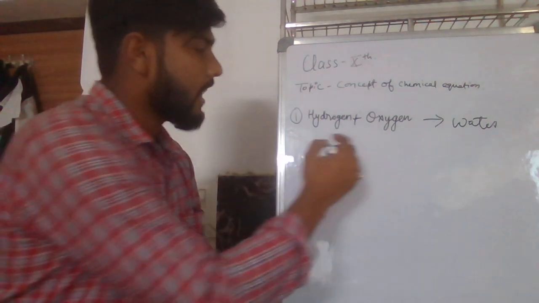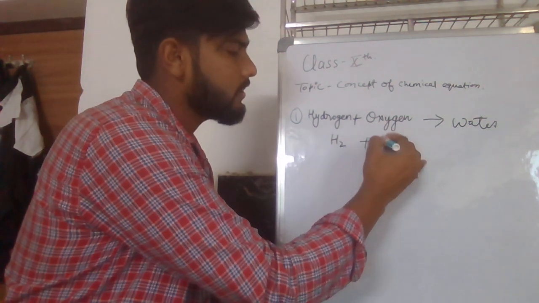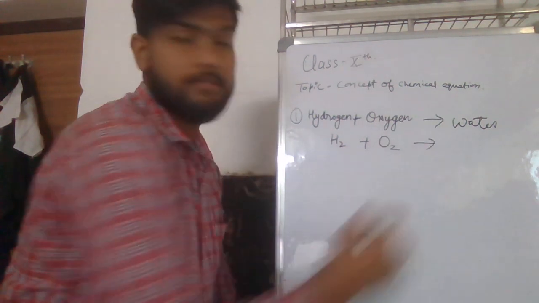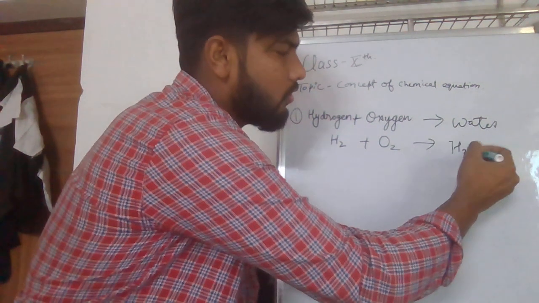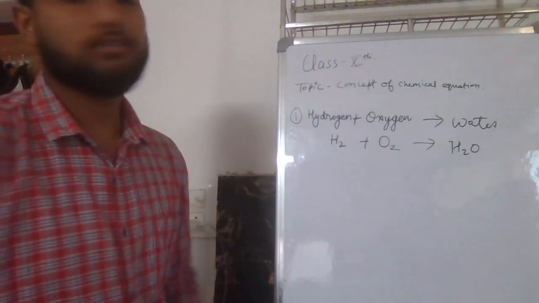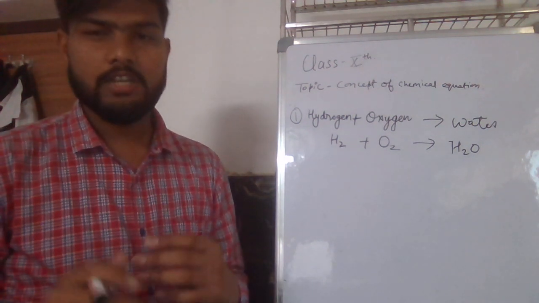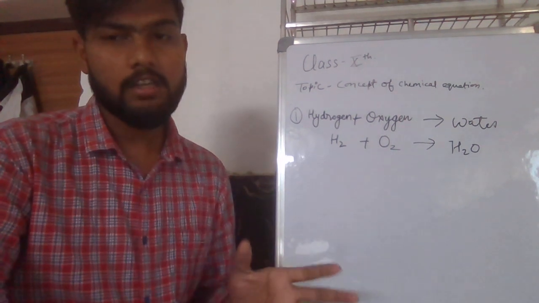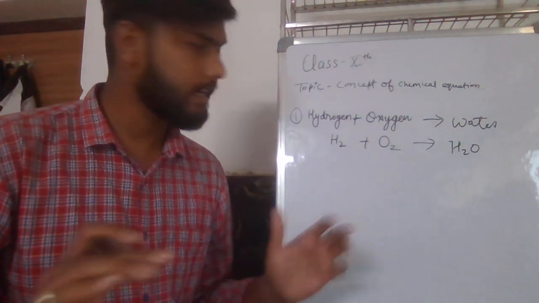For that, hydrogen will be H2 plus oxygen O2, and this will react to give H2O. So for water we write H2O. In the first equation words are used, and in the second, symbols of substances are used to write the chemical equation. I hope everyone is clear till now.